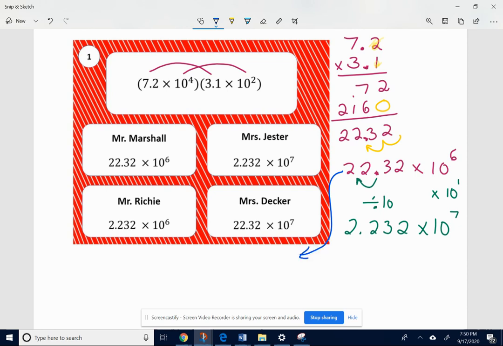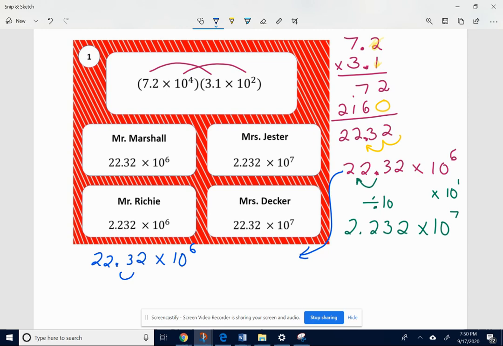If that's a little hazy to you, and dividing by 10 and multiplying by 10 doesn't really click with you, what you can do is take 22.32 times 10 to the 6, put that into standard form, and then take that standard form and put it back into scientific notation. I'll show you this just in case it helps you. So 22.32 times 10 to the 6.